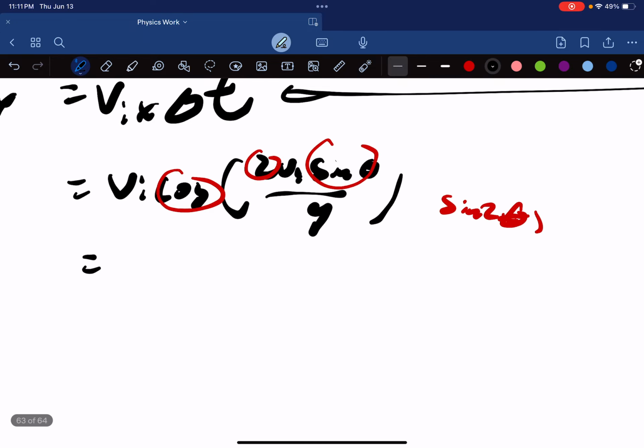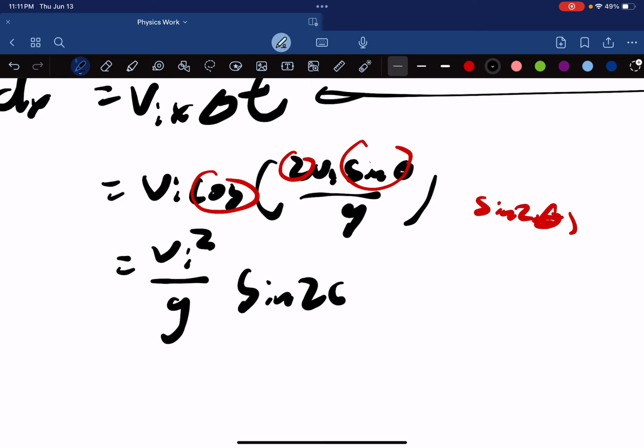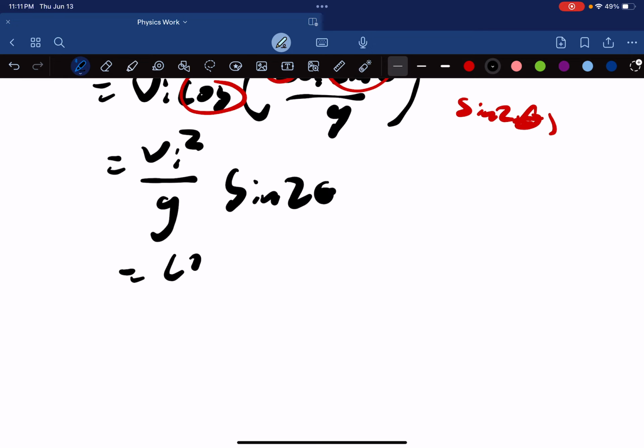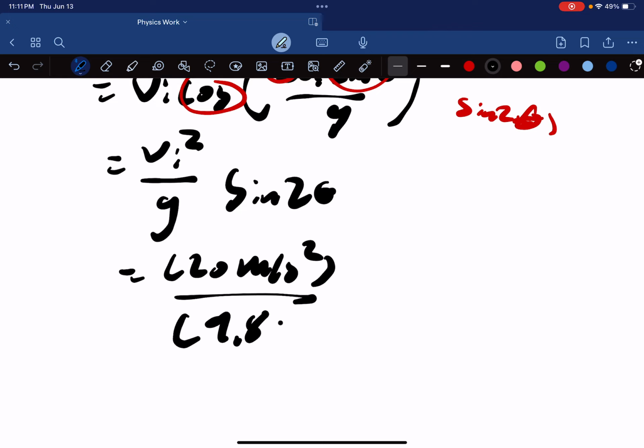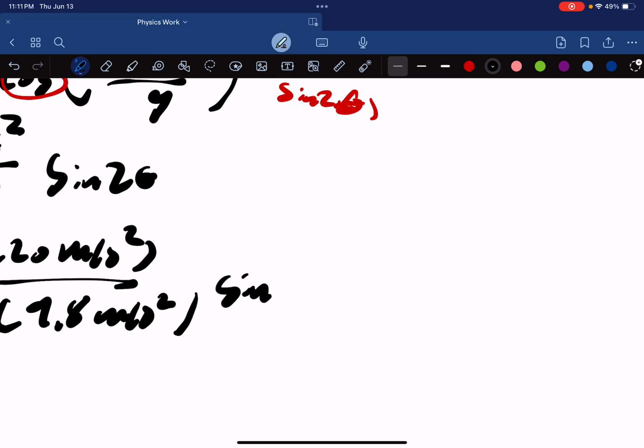And once you plug in the values, it's equal to Vi squared sine 2 theta over g. So that's 20 meters per second, squared, divided by 9.8 meters per second squared, and then sine of 2 times 30.